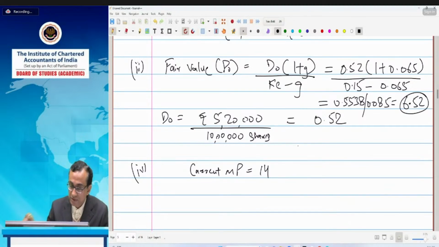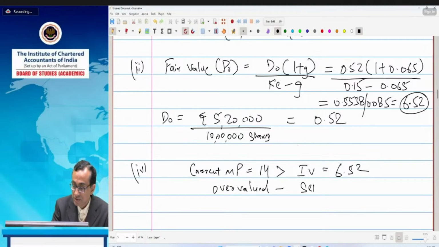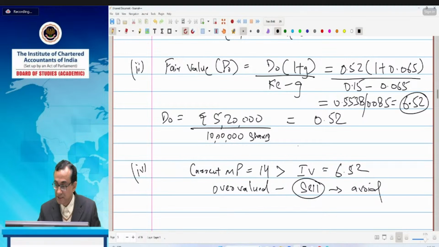And the intrinsic value is 6.52. So the current market price is actually greater than the intrinsic value of 6.52. So you can say the company is overvalued, and it is to sell or avoid investing in the company. As we have said, this intrinsic value 6.52 is the maximum value at which the investor can invest.